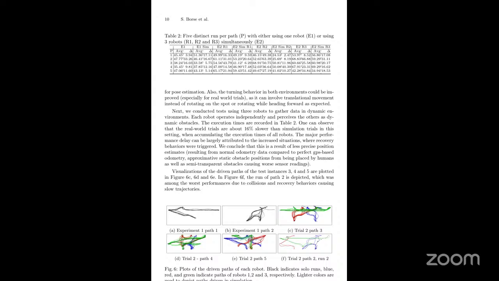Static obstacles: in simulation, the machine position was 100% accurate, but in the real factory a small position change was there, so that also affected the navigation. Semi-transparent obstacles: some objects the laser scanner will not be able to identify, so the sensor reading was not that good. That also triggered the recovery.